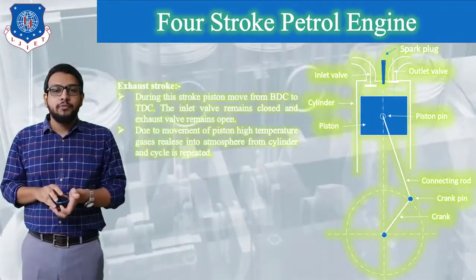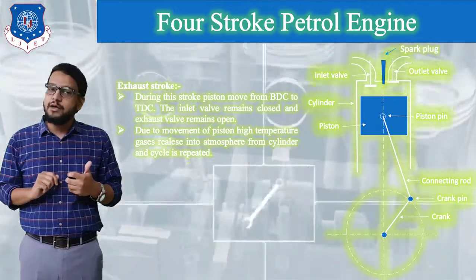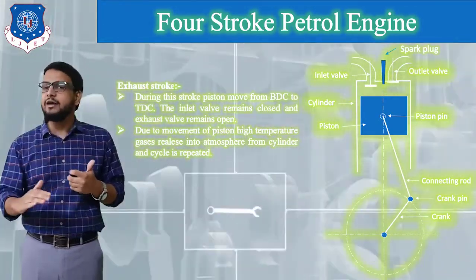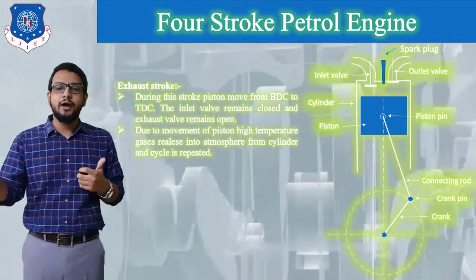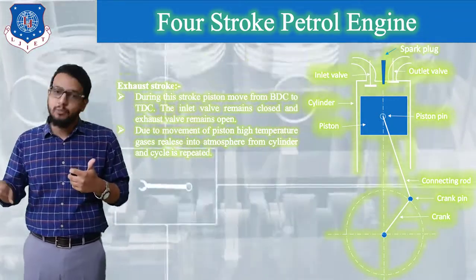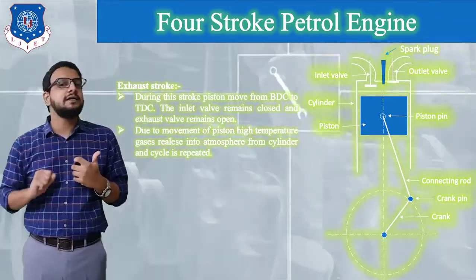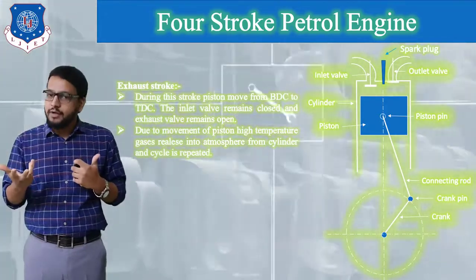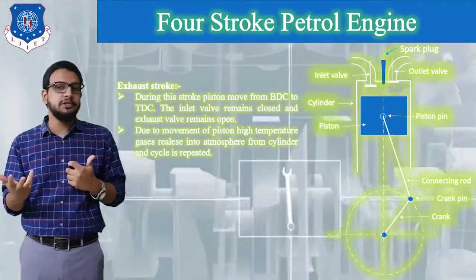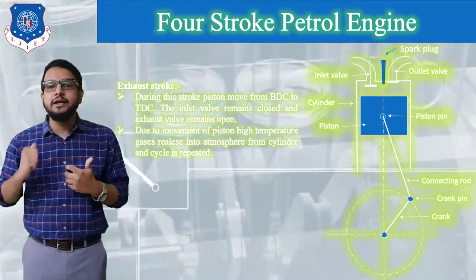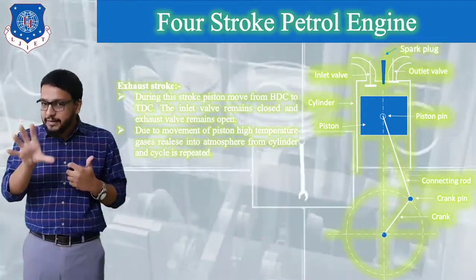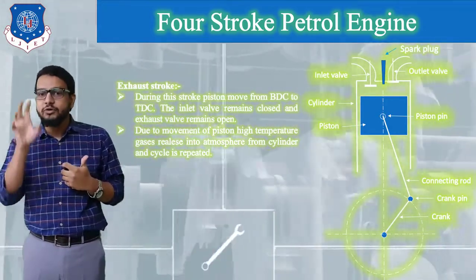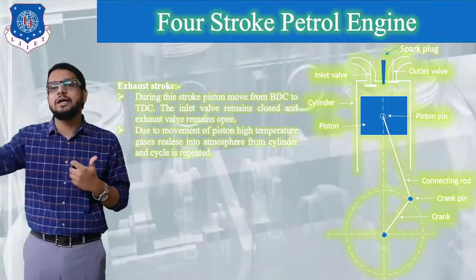Okay, now next, the last stroke will be the exhaust stroke. At the end of the power stroke, the piston will have arrived at its BDC position. Now hot gases are present in the cylinder, and for performing the next cycle, suction has to take place, which means air and petrol mixture has to enter the cylinder. But hot gases are present in the cylinder, so we need to reject those hot gases to the surrounding atmosphere.